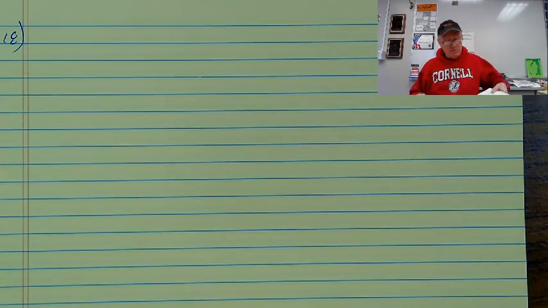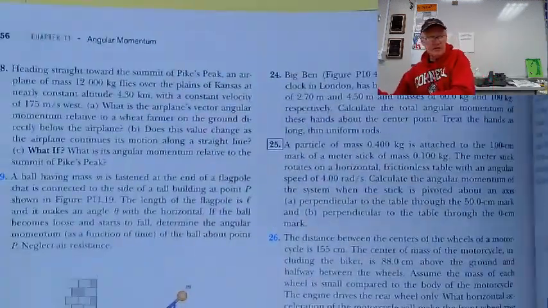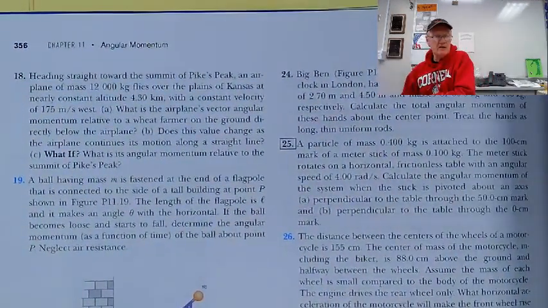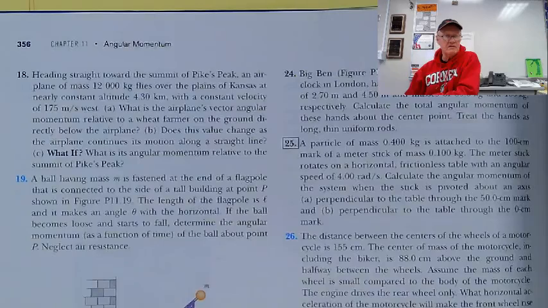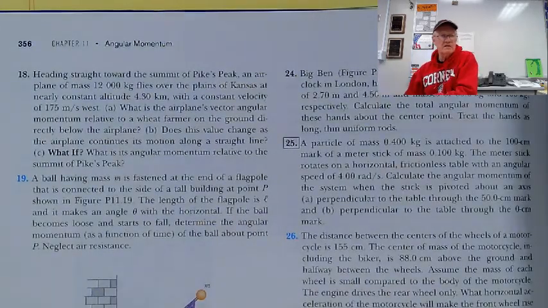What is the airplane's vector angular momentum relative to a wheat farmer on the ground directly below the airplane? And then part B, does this value change as the airplane continues its motion along a straight line?